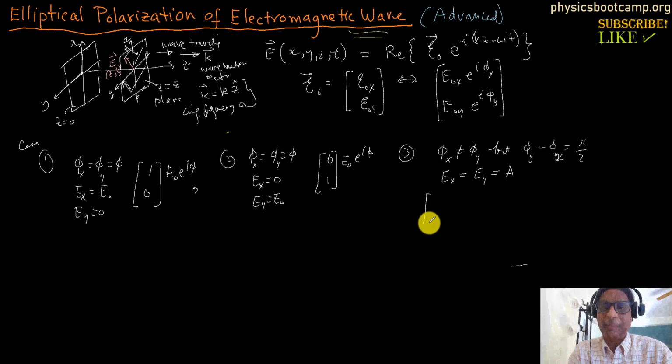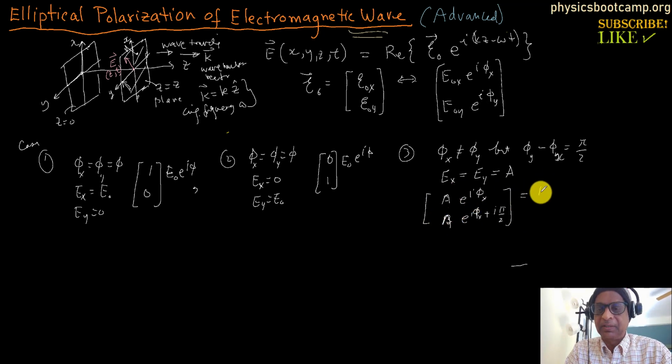We will get a e to the i phi x, a e to the i phi x plus i pi over 2. Taking the common factor out is a e to the power i phi x, and you have 1, e to the i pi over 2.